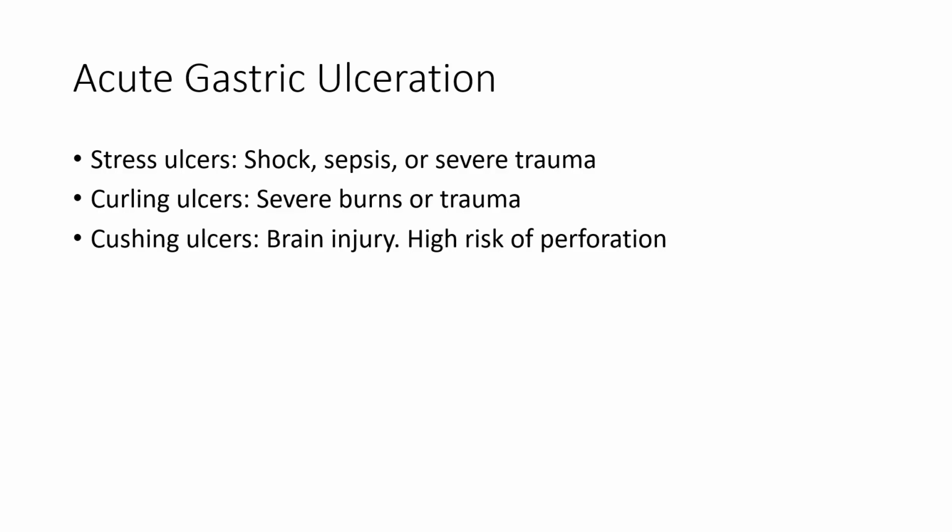Curling ulcers are caused by severe burns or trauma. Cushing ulcers are caused by brain injury, and these carry a high risk of perforation. The pathogenesis of stress-related gastric mucosal injury is most often related to local ischemia. So this can be due to systemic hypotension or due to reduced blood flow caused by stress-induced vasoconstriction.